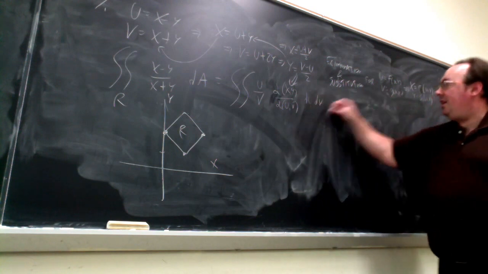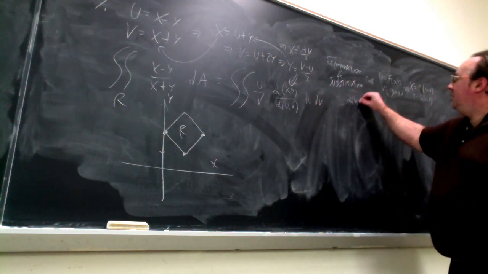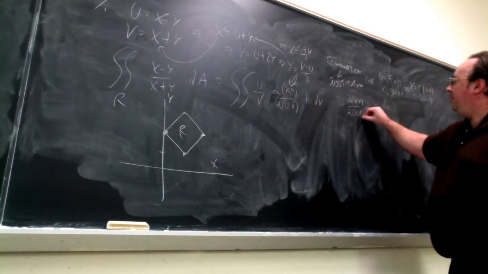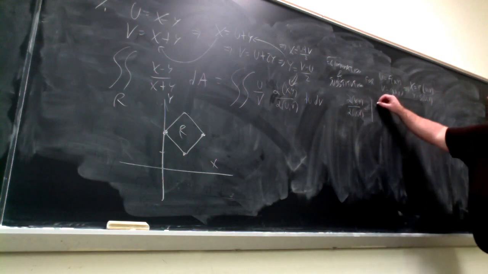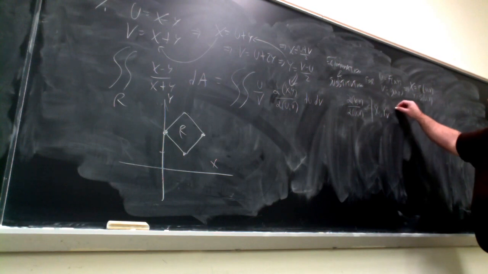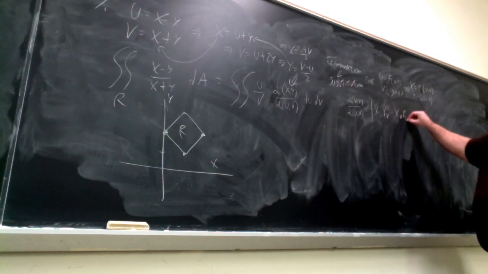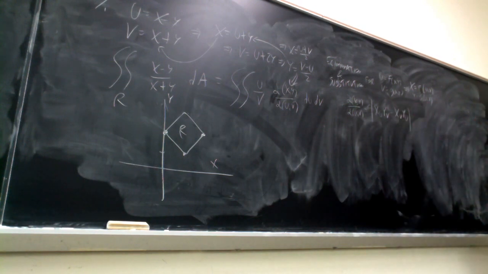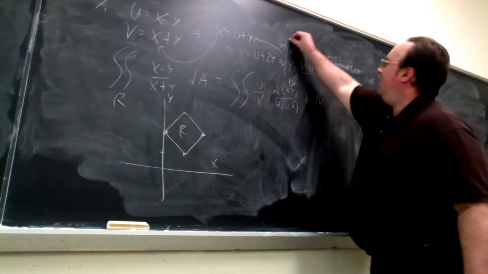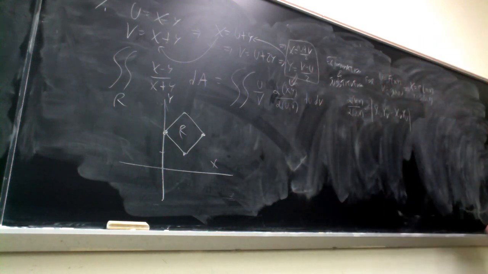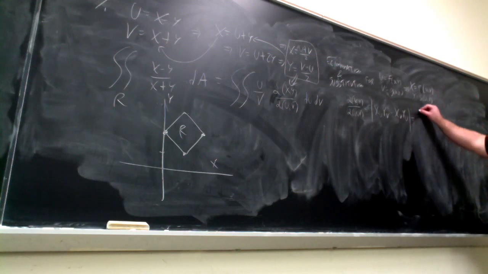Now, your Jacobian, the formula we get on the formula sheet, is x_u y_v minus x_v y_u. So you would use these formulas to compute all the partial derivatives, and at least they're linear functions, and what you end up getting is 1/2.